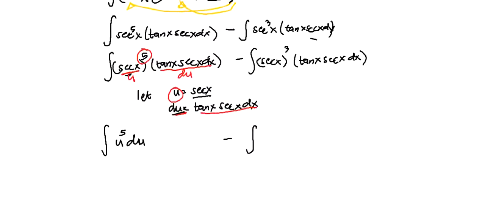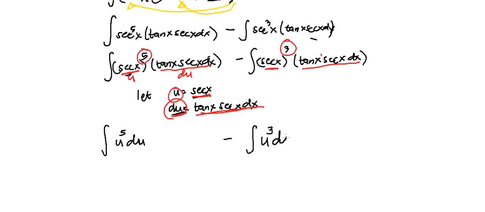The same with our second part. The secant x here is equal to u, so we have u raised to 3, and then this part once again is equal to our du.